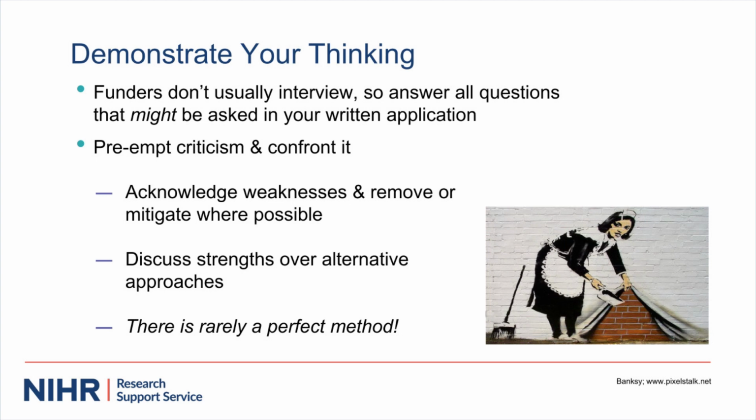And there will be some methods, for example, in public health, we have things like community participatory action research, we have systems research that perhaps a traditional funding panel may not know about, or may know of, but not fully understand. And therefore, it's important that you give the rationale for adopting a particular method if it's either something that people won't be familiar with, or it's not the immediately obvious design that you come for in a particular situation.